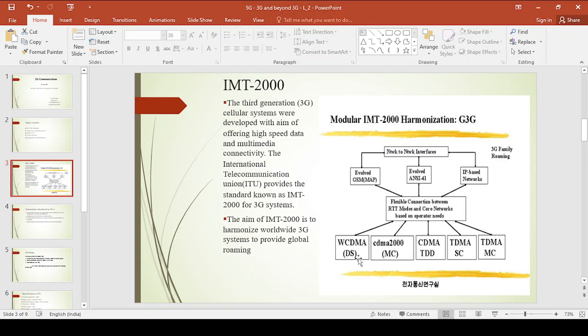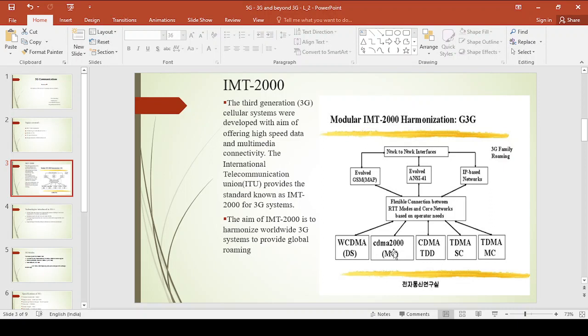If you consider this figure, these were the technologies: WCDMA, which is direct spread, CDMA 2000, which is multi-carrier type, CDMA TDD, nothing but time division duplex, TDMA single carrier, and TDMA multi-carrier. These were the technologies proposed by different countries in the years before 2000, because by 2000, 3G had come into existence, right?